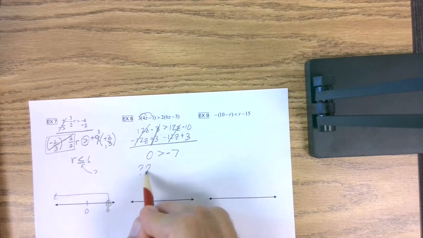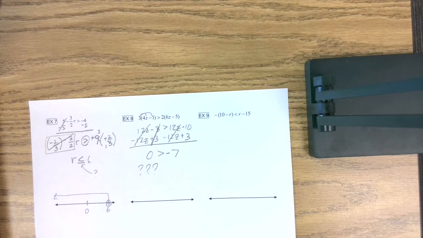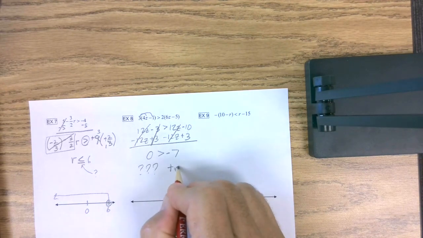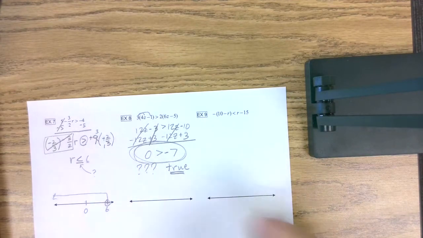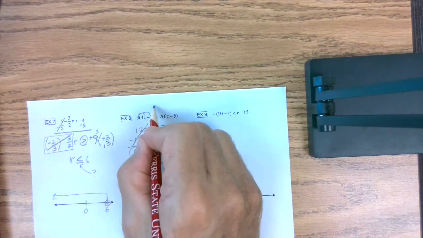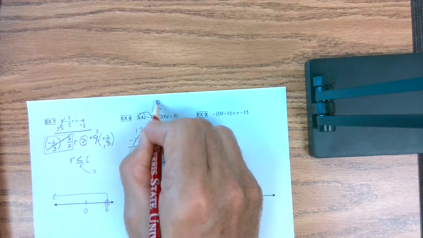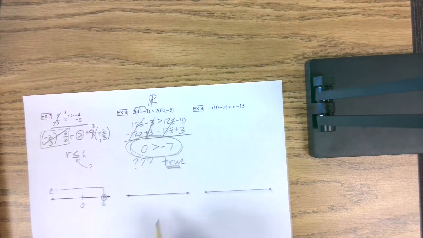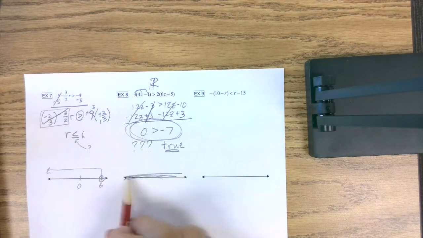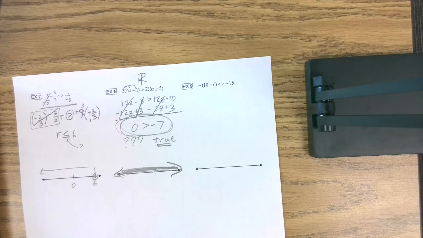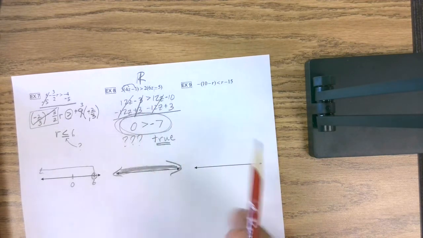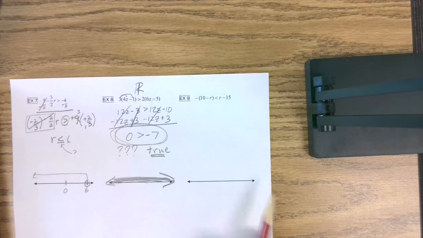Now look what happened. A little confusing. The variable I'm trying to solve for disappeared, but I ended up with a true inequality. That means everything works. How do I say that? All real numbers. How do I show that? Maybe just make this super thick. Everything works. And if you're curious about it, you can pick something and plug it in, but we're not going to take the time to do that.